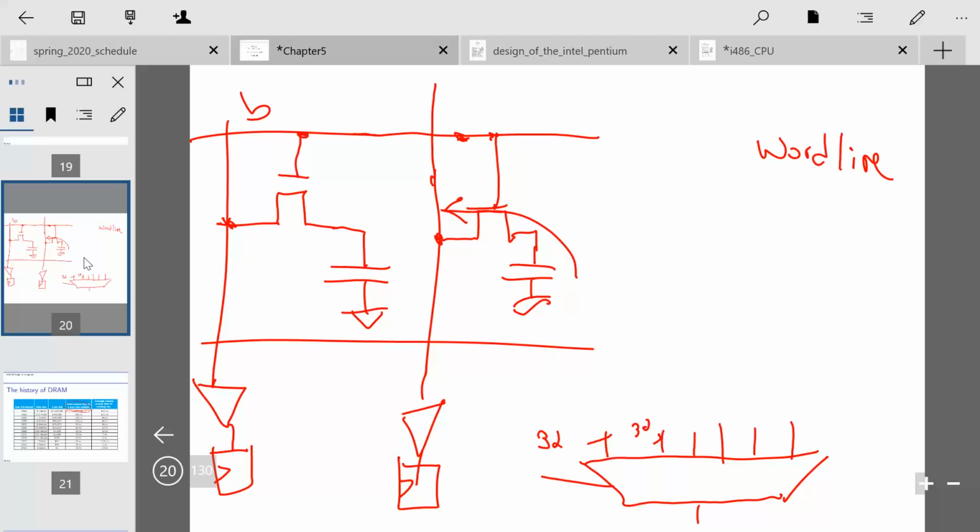Basically, you pay the huge penalty to take your address, chunk it up, go through the row decoder, and light up this row. While you're doing that, you're charging up your bit line, sensing the bit line, and storing it into these flip flops. Once you've paid that huge penalty, the only penalty you have left is the time to go through this box, the column decoding, so to speak.